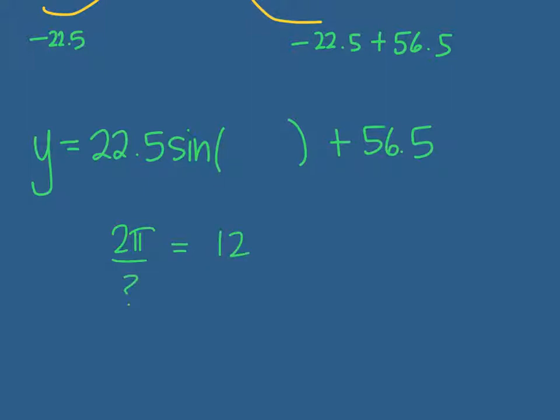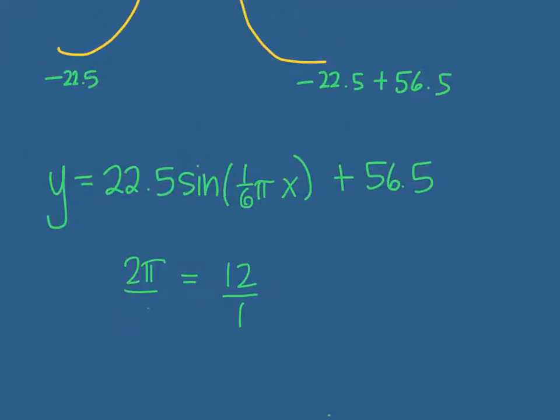What would have to go there? 1/6 pi. That has to be our b value to force the period to be 12. If you're not sure about that, you can cross multiply to figure it out. You can say b goes here, and then cross multiply, and it works out to 1/6 pi as well.